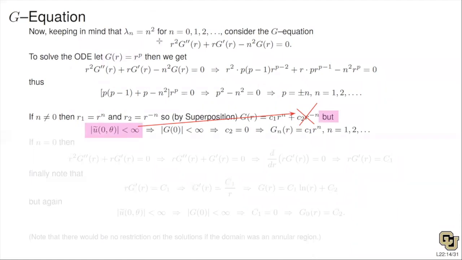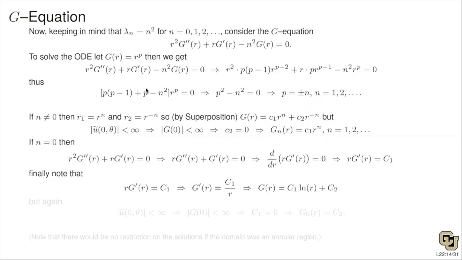And so the solution in this geometry for this g equation, when n is not equal to 0, is just g equals c1 times r to the n. As I've mentioned, if this was an annulus, we'd keep both terms. And I'll show you what the annulus solution looks like in a second.